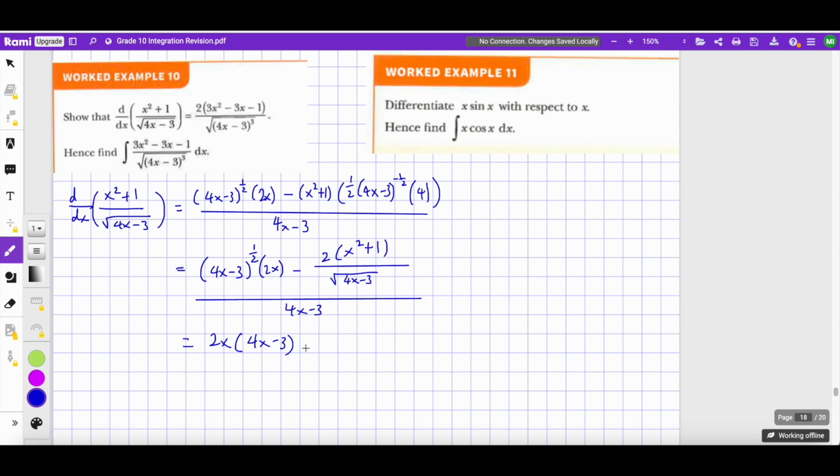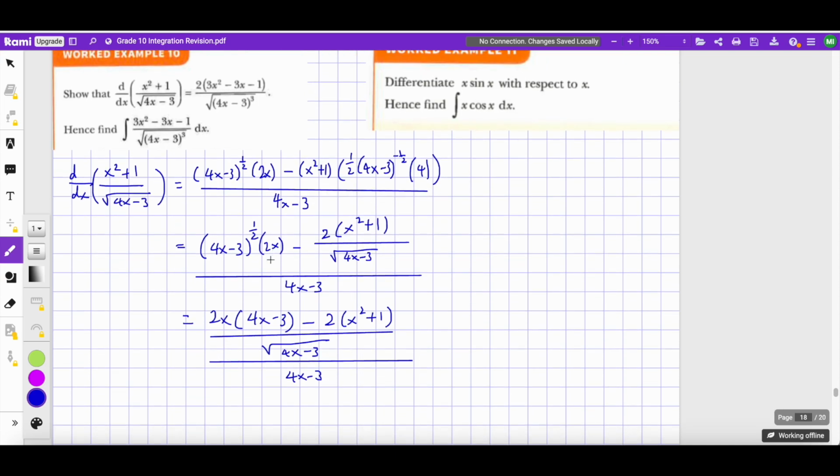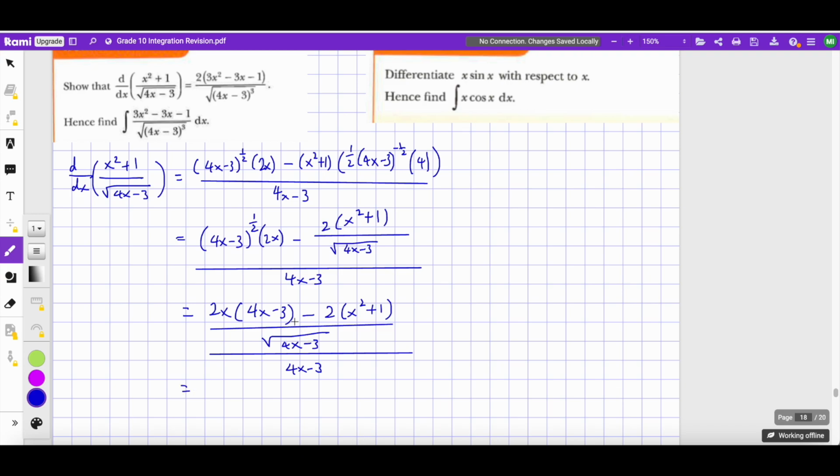And over on this side, we'll have 2 times x squared plus 1, whole thing over root of 4x minus 3, over 4x minus 3. All right, so we're going to just do some simplification of this fraction.